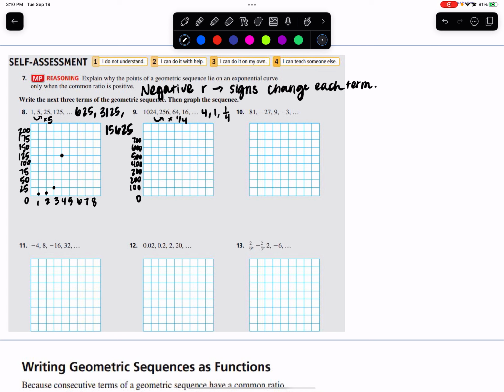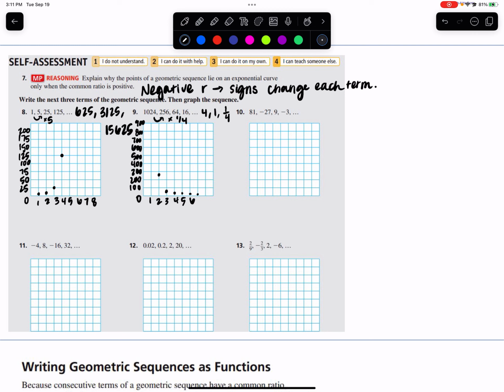Which is still not even going to fit that first term, but that's okay. All right, so first term is 1024. That's not going to fit. Second term is 256. So we're like here. Third term is 64. So we drop real low. Fourth term is 16. And then we have 4, then we have 1, then we have 1/4. You should notice that it's going to keep getting closer and closer to 0, but never hit it like we said earlier.